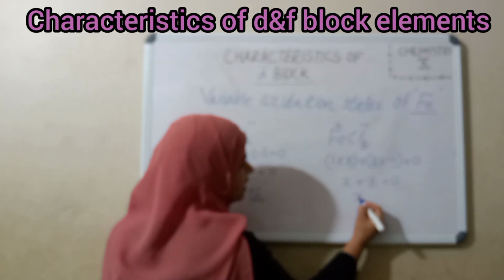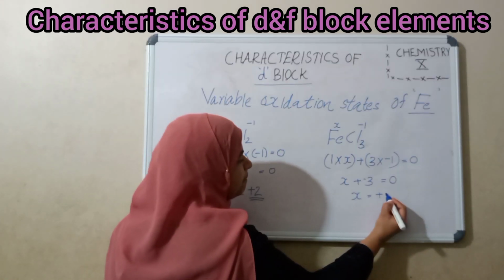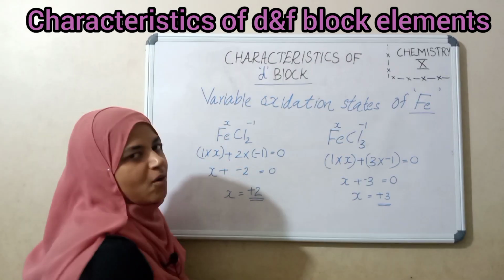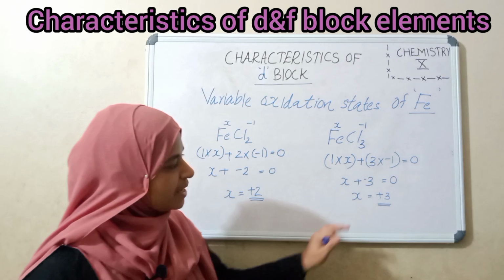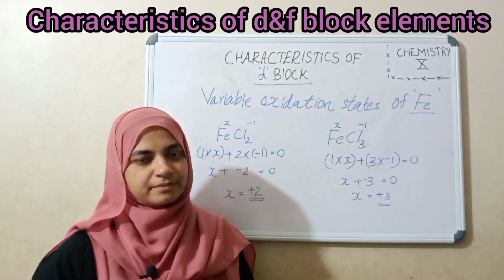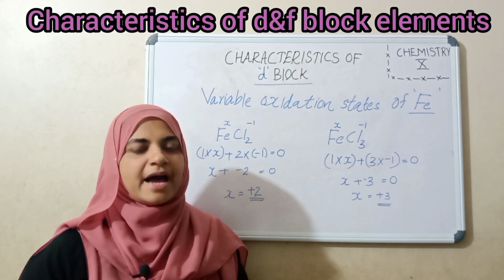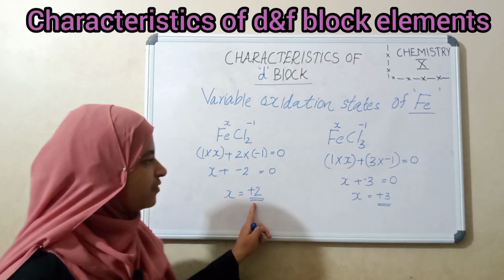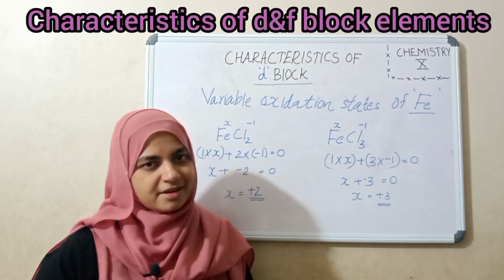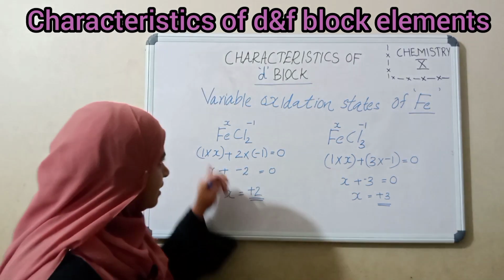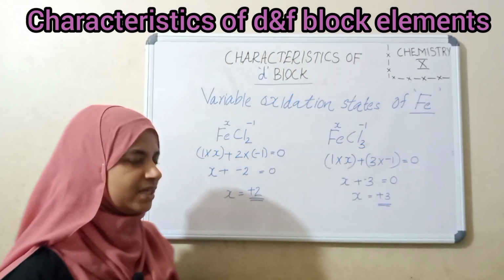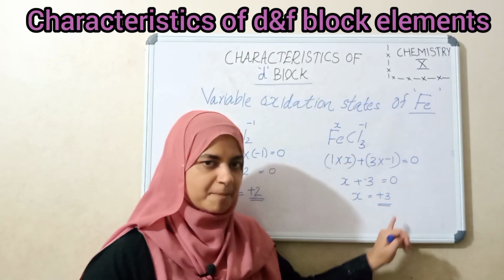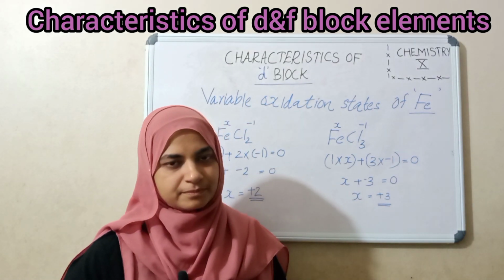That is, X equals +3. That is, here iron's oxidation number is +3. So iron, a D block element, shows different oxidation numbers. In this case iron's oxidation number is +2, and here iron's oxidation number is +3.